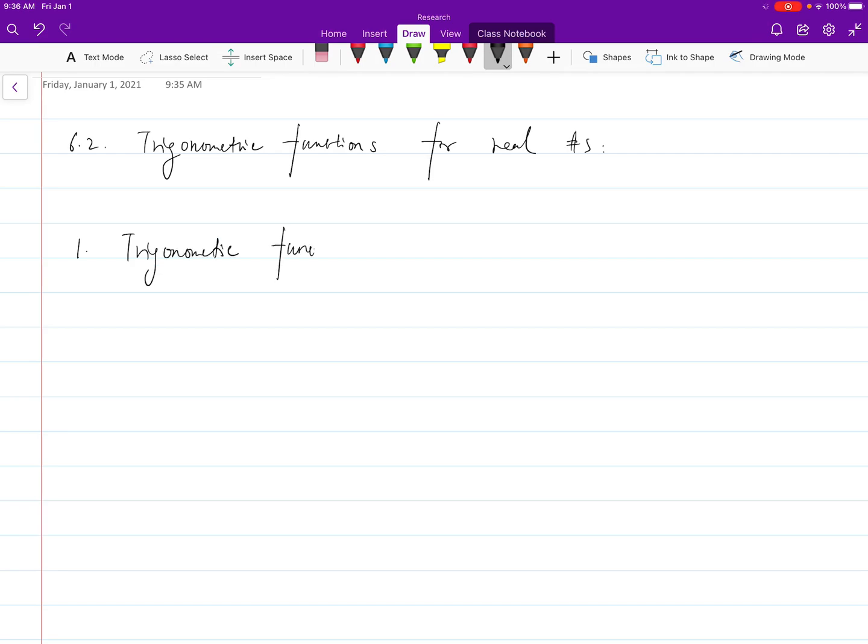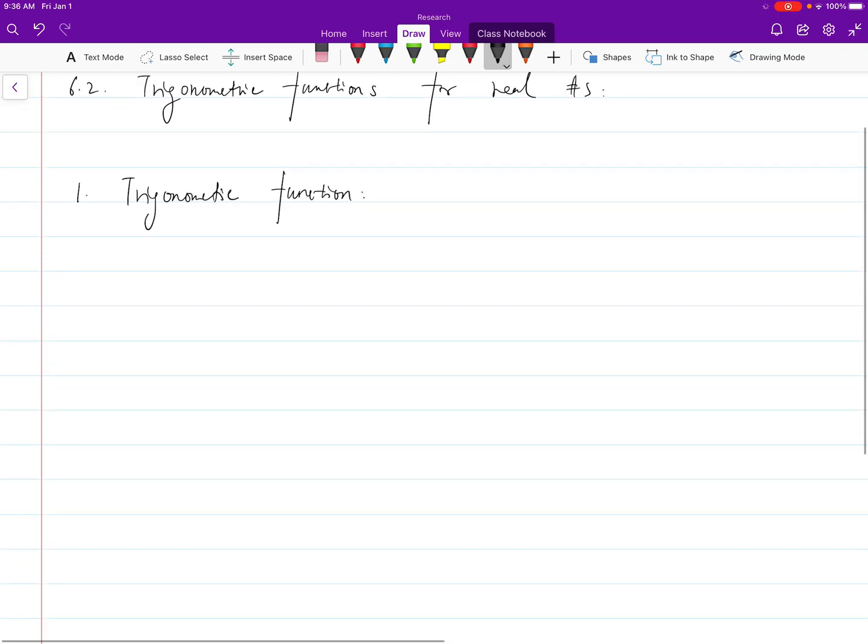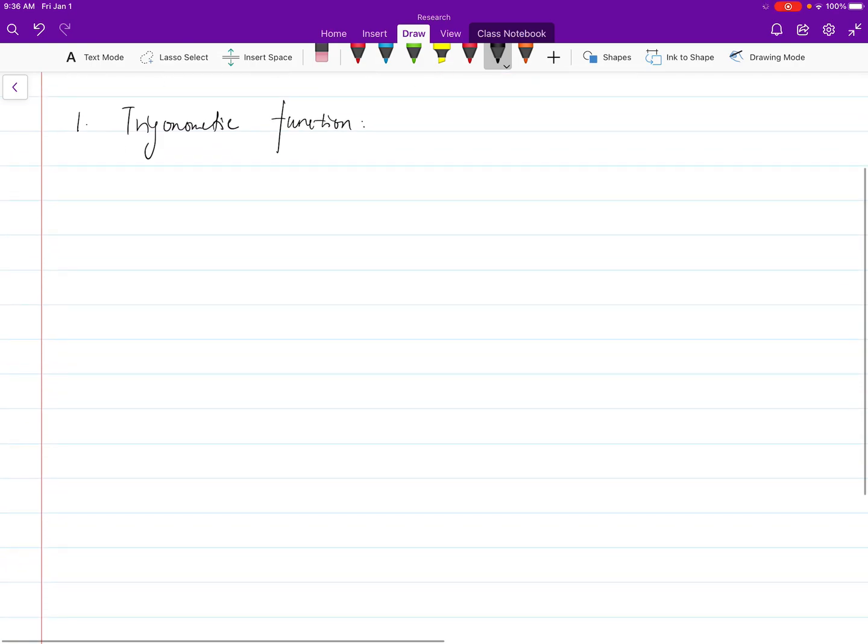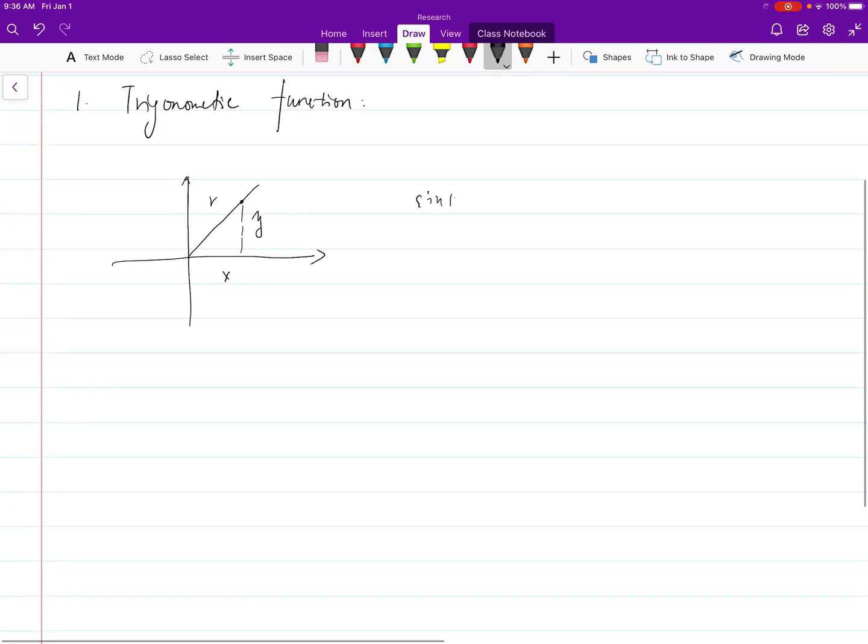So first, trigonometric functions. This is nothing but the same thing as before, except we standardize everything. So before, we do have this. You have a theta, then you find a point on this theta. You find r, y, x. You define everything in the old way.